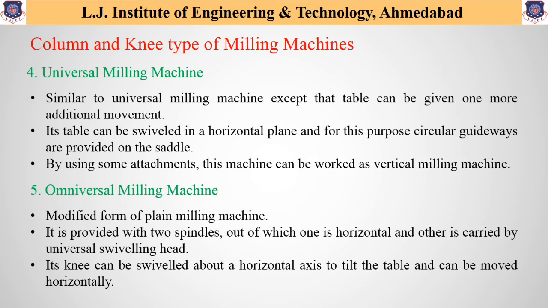But the omniversal milling machine has two spindles available, of which one is horizontal and the other is carried by the universal swiveling head, which is the arrangement provided in the universal milling machine.